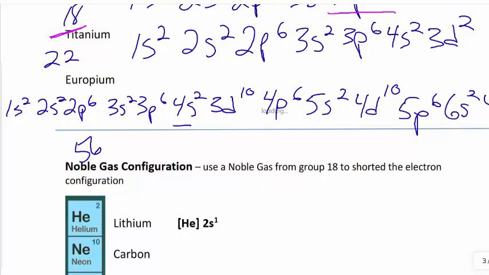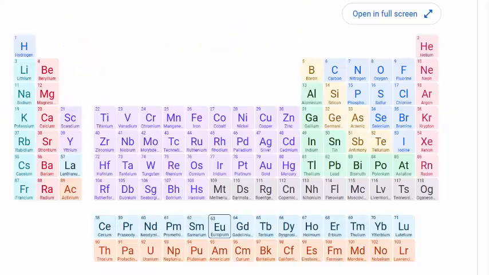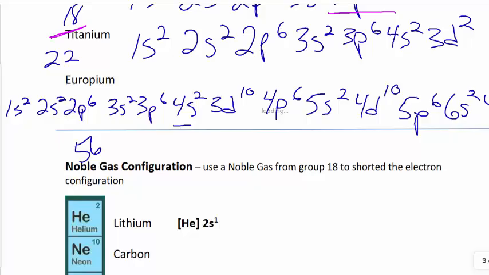So that's going to be 7 more, so it's going to be 4f7. Double check that. So 2, 4, 10, 12, 18, 20, 30, 36, 38, 48. This part here is 56, and we need to get to 63. So if we add 7 more, that would give us the 63 that we need. Okay, so that's a little bit challenging.